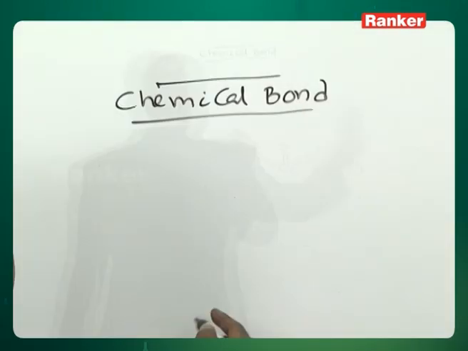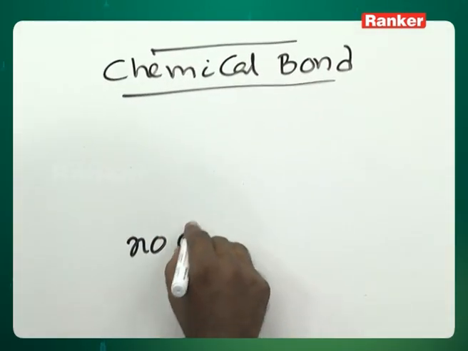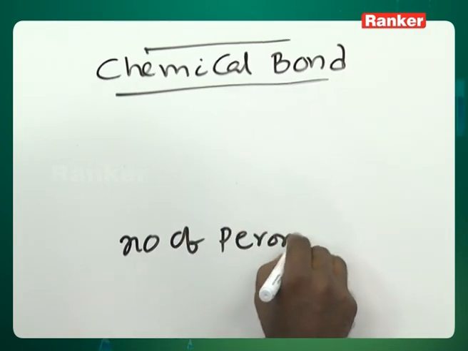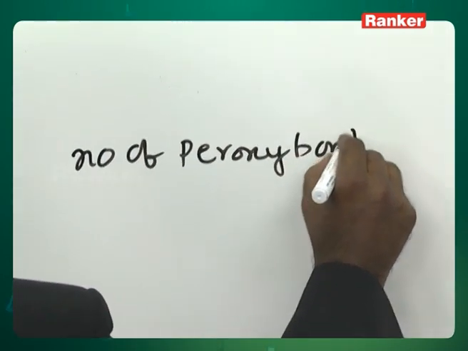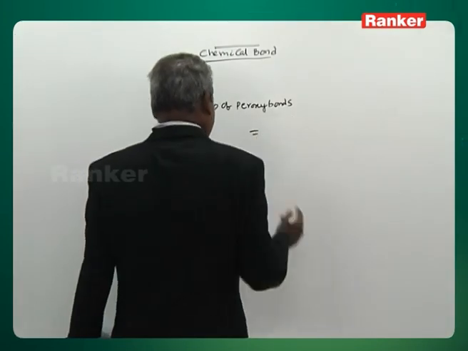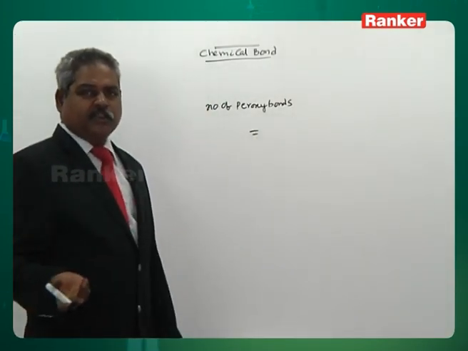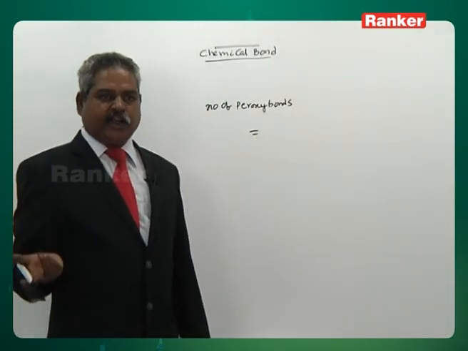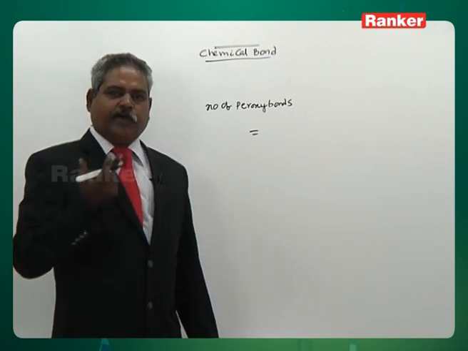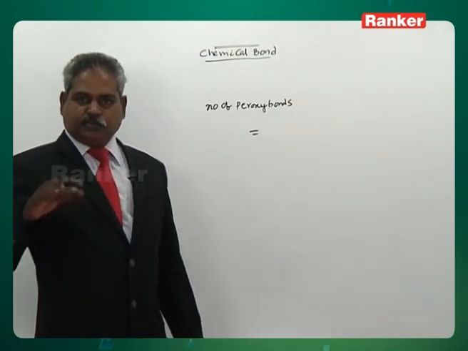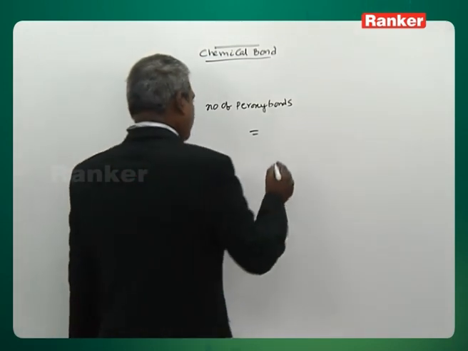CrO5. The number of peroxy bonds is equal to the impossible oxidation state minus the maximum oxidation state, divided by 2. You don't need much of a formula, it is common sense. The demand made by oxygen is for 10 electrons, the demand chromium can meet is 6, so oxygens must look out for 4 more.